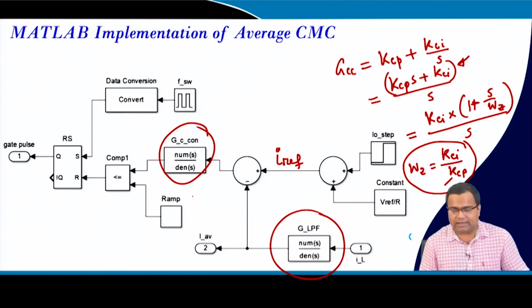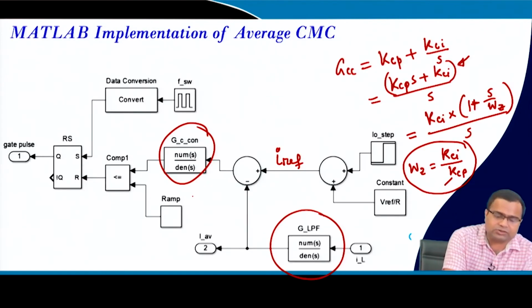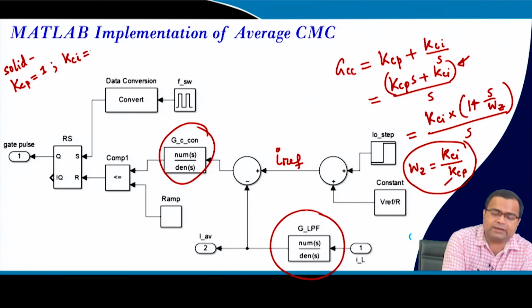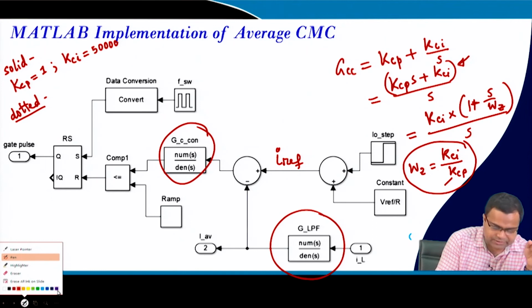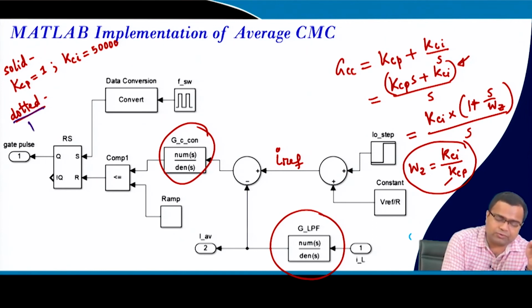In the solid case, we have taken the current loop proportional gain to be 1 and the current loop integral gain to be 50,000, and for the dotted line we took KCP to be 0.5 and KCI to be simply 5,000.